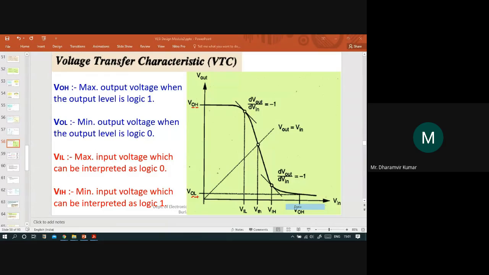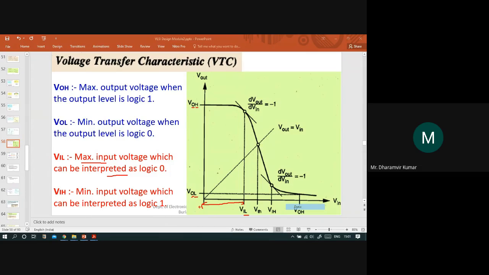Similarly, for input we can define VIL, I for input, L for low. This is the maximum input voltage which can be interpreted as logic 0, because for the input side, logic 0 ranged from this point to this point.